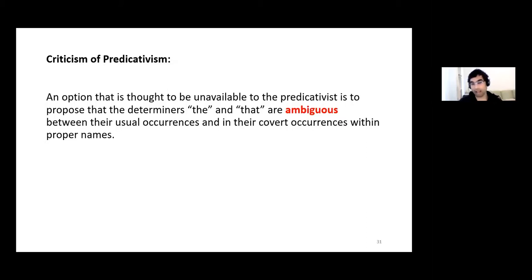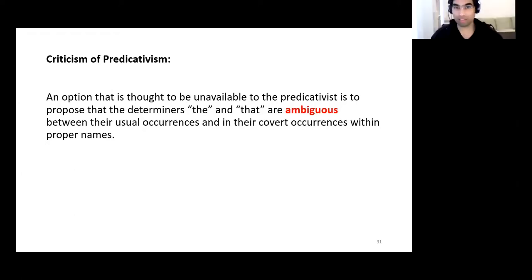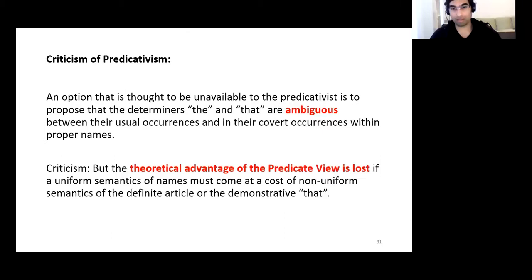So an option which is not thought to be available to the predicativist is to propose that determiners 'the' and 'that' are ambiguous between their usual occurrences and their occurrences within proper names. And this is because the theoretical advantage of the predicate view is lost if a uniform semantics of names must come at a cost of non-uniform semantics of the definite article or the demonstrative that.